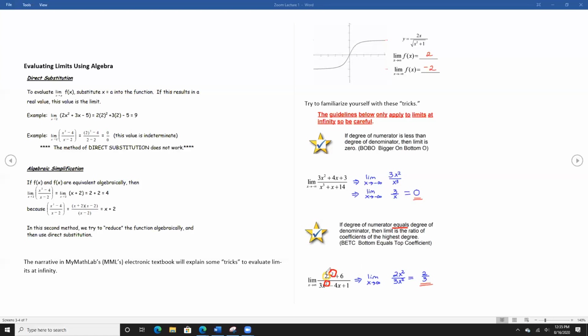Notice that I have a coefficient of 2 here and a coefficient of 3 here, which will carry over to the solution, 2 over 3, 2/3. So the limit as x approaches infinity for that given expression is 2/3. And I was able to calculate that simply by using this trick here. So whenever the numerator degree is equal to the degree of the denominator, just look at the coefficients and that will give you your answer.